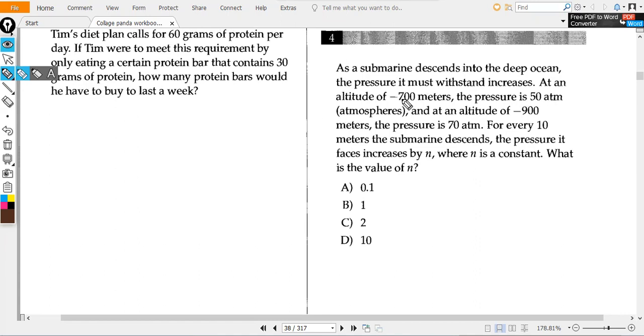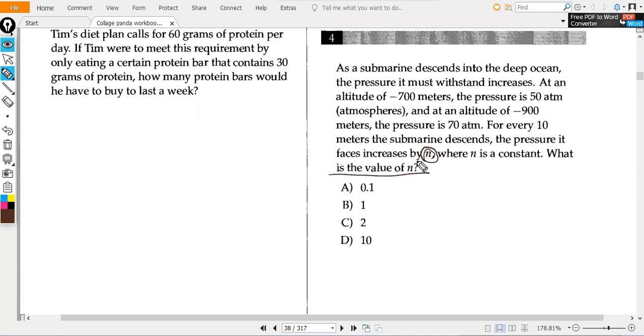At an altitude of negative 700 meters, the pressure is 50 atm. And at an altitude of negative 900 meters, the pressure is 70 atm. So for every 10 meters the submarine descends, the pressure it faces increases by n. Where n is a constant, what's the value of n?